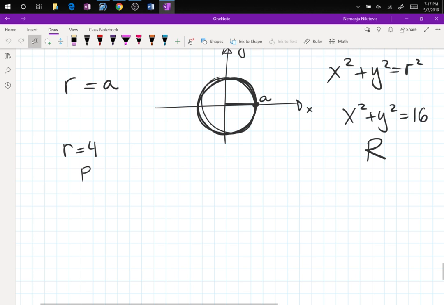This object over here is called the cardioid, heart, and it's r equals 1 minus sine theta. That's your polar curve, and it gives this not as nice heart shape, but it's okay to some extent.